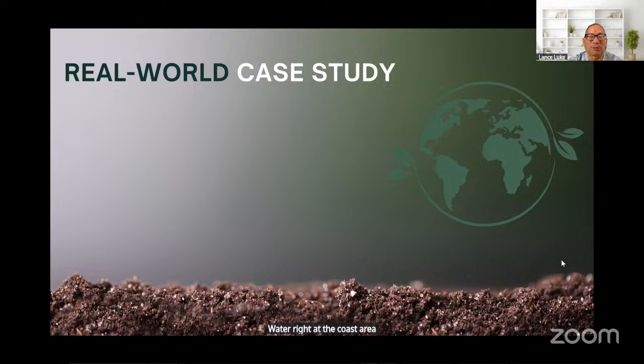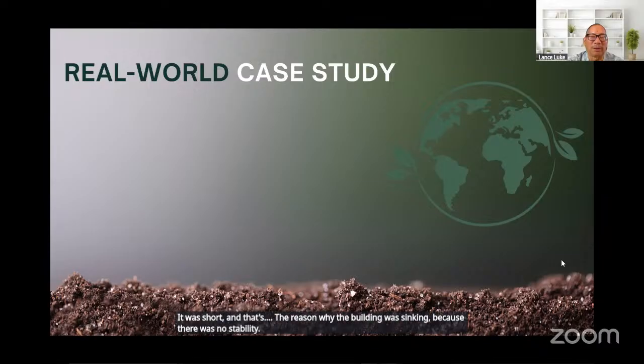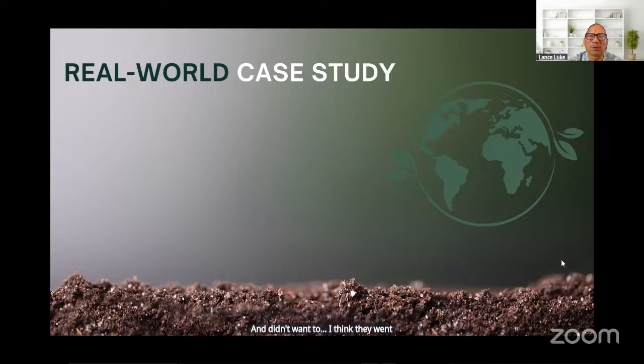It used to be a swamp before. So in the design of that high-rise building, they didn't put their footings, their piles, all the way to hit bedrock. It was short. And that's the reason why the building was sinking, because there was no stability. I think they went down 100 to 150 feet, but bedrock is like 300 to 400 feet. So they just didn't design accordingly.